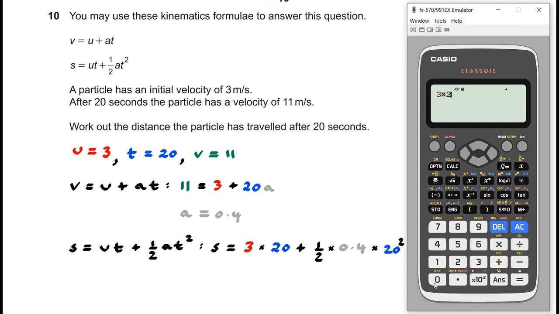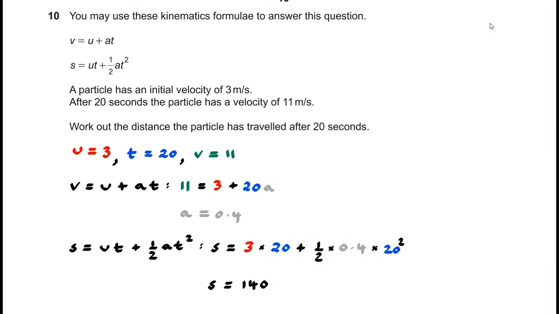So we've got 3 times by 20 plus a half times 0.4 times 20 squared, which is 140. So we've got s equals 140, meaning that the distance is 140 meters.